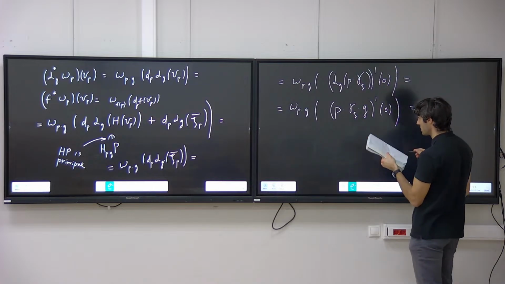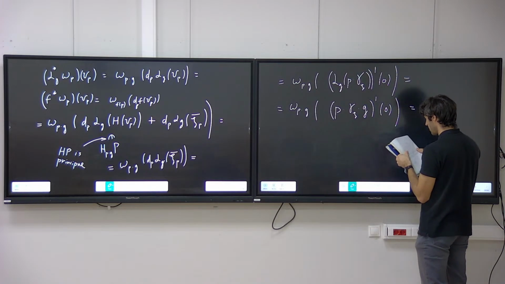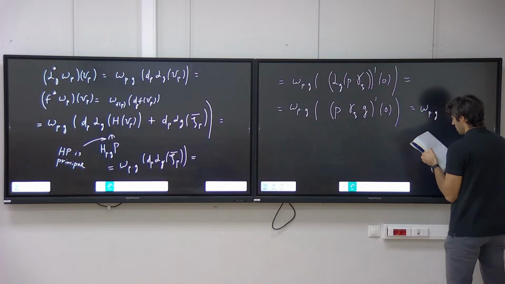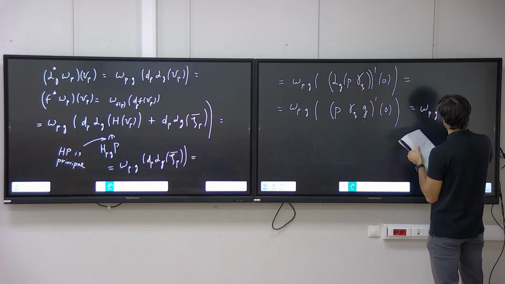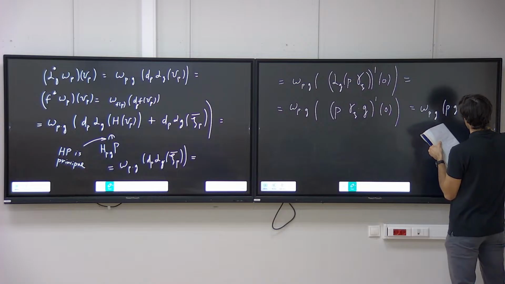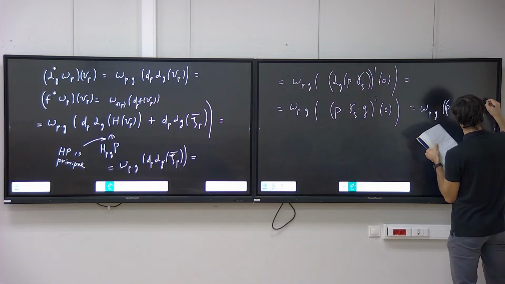So this will be omega p dot g of, here p dot g, and here g inverse gamma psi g, and then of all of this prime at 0.